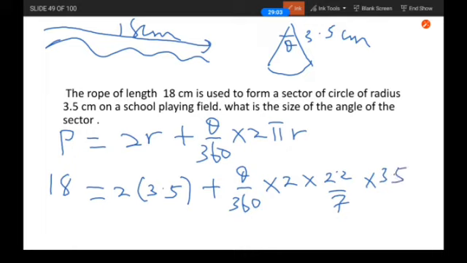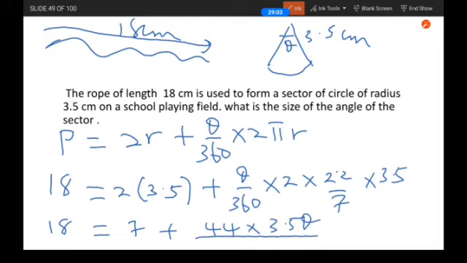So if we do this very well, we are going to be getting 18 equals 2 times 3.5, which will give us 7. And the numerator will give us 2 times 22 is 44 times 3.5 theta, over 360 times 7, which is 2520, right?